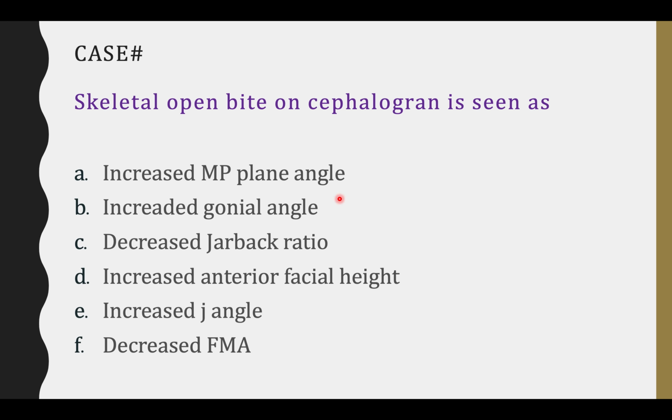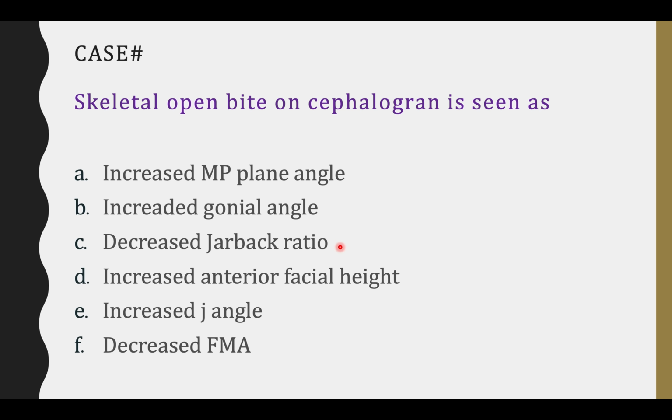Increased mandibular plane angle, yes, it is a strong indication of your vertical growth pattern. Increased gonial angle, yes, again backward rotation of your mandible showing vertical growth pattern. Decreased Jarabak ratio, that means the anterior facial height is greater than posterior facial height.